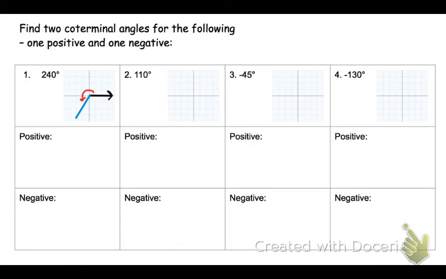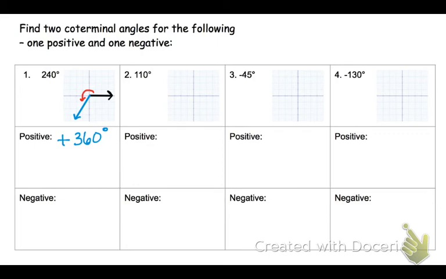Now, if I want a coterminal angle that is positive, another way I could find that is to add 360 degrees. To get a coterminal angle, an angle that is right in line with the 240, I could keep going in a positive direction, 360 degrees, and get right back to that position.